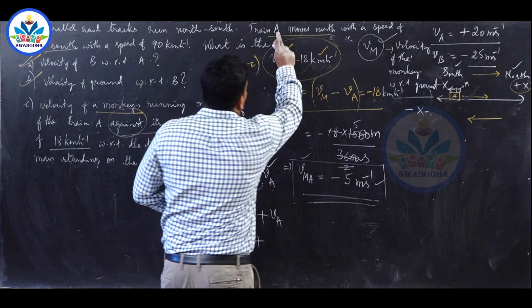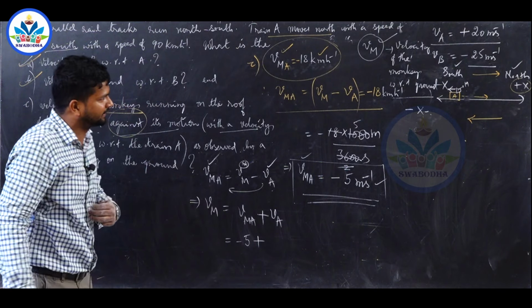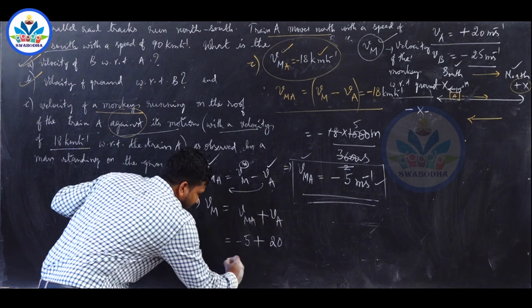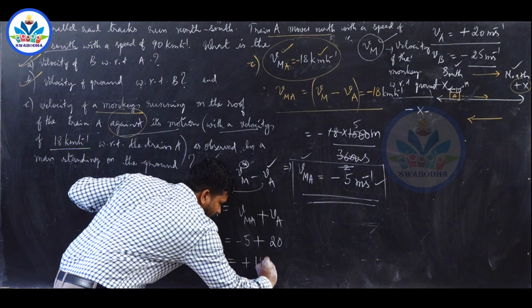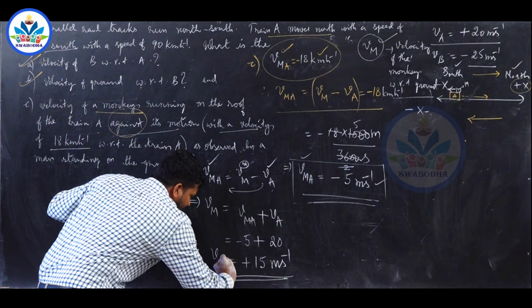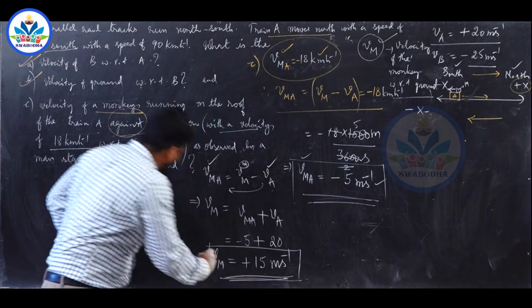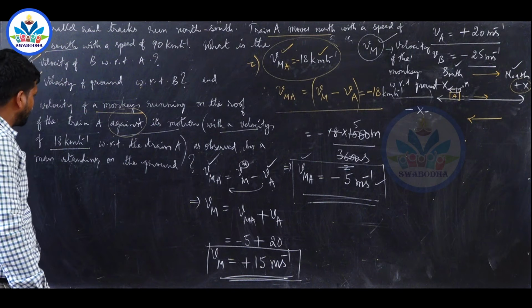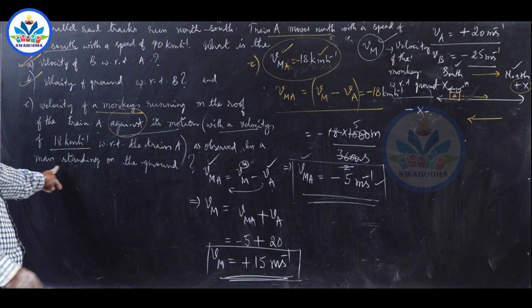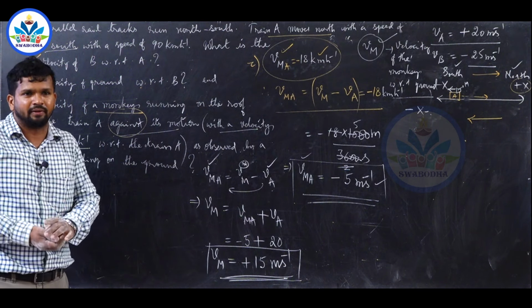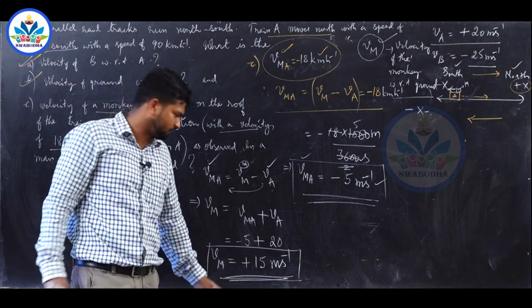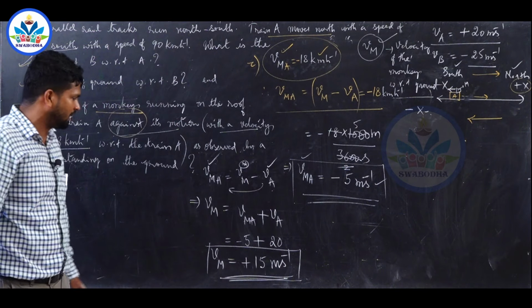You already know train A moves in the positive x direction with a speed of 20 meter per second. Therefore, 20 minus 5 is plus 15 meter per second. This is the velocity of the monkey with respect to ground, or as observed by a man standing on the ground. Vm equals plus 15 meter per second.